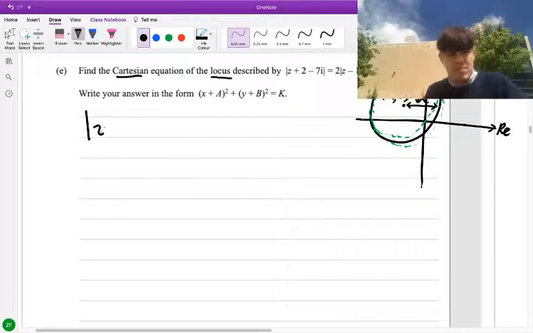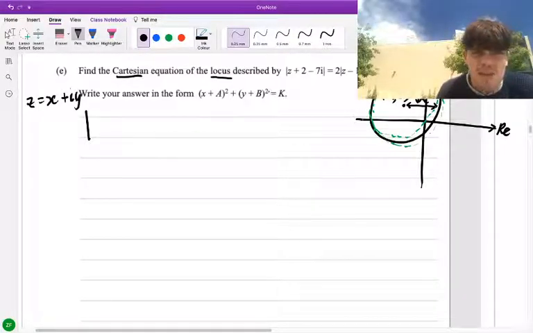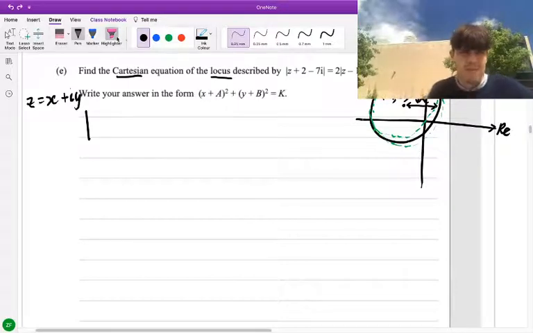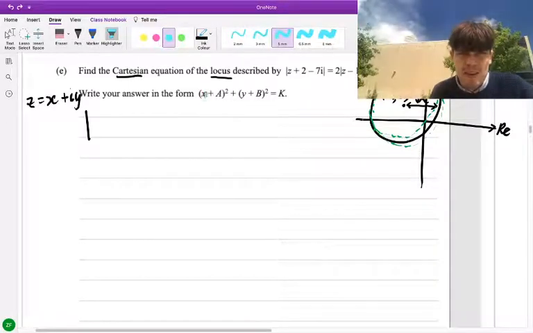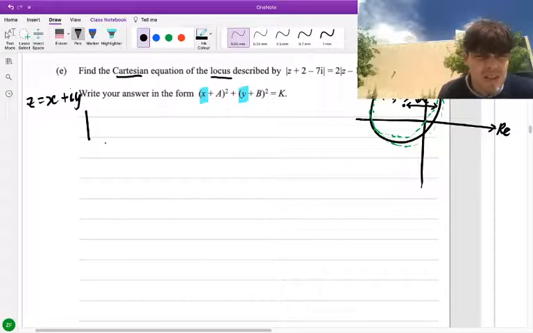Let's replace z. Let's let z equal x plus iy. The reason we do that is because our solution needs to have x's and y's involved in it. Highlight them, eh? Yeah, because we're looking for x's and y's. We're not looking for a solution that has z involved. So we are going to have to expand out these z's to x's and y's. So let's do that.